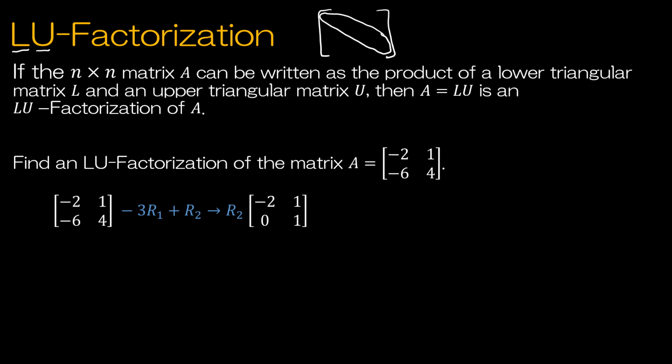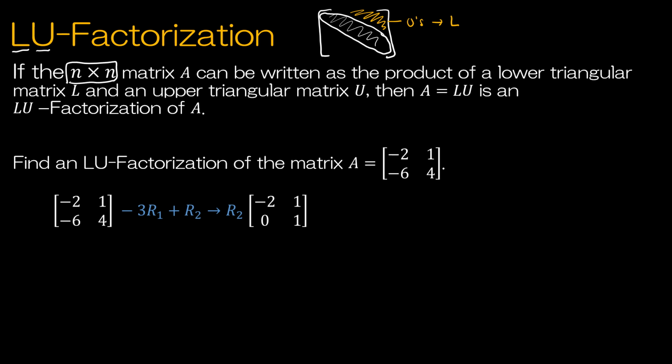We know if we have a square matrix, so it's n by n, and whatever occurs along the diagonal, if everything above that diagonal is zeros, that's considered a lower triangular matrix. Lower because all of the coefficients occur below or on the diagonal.